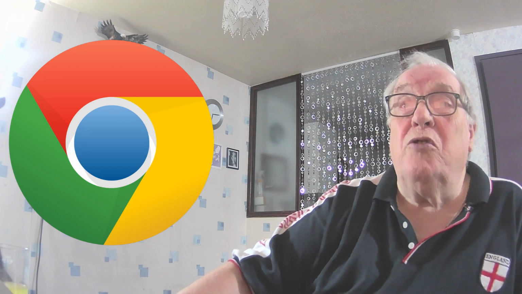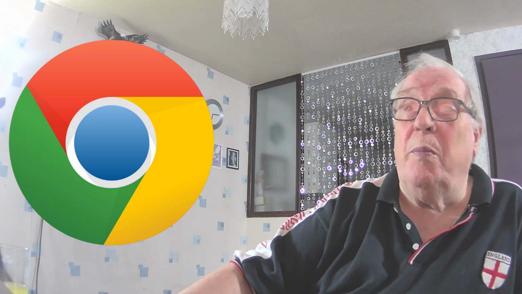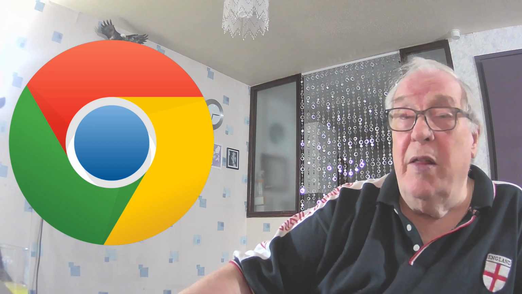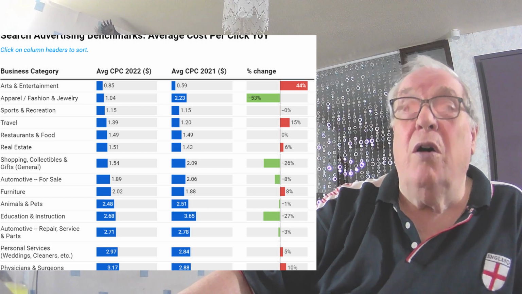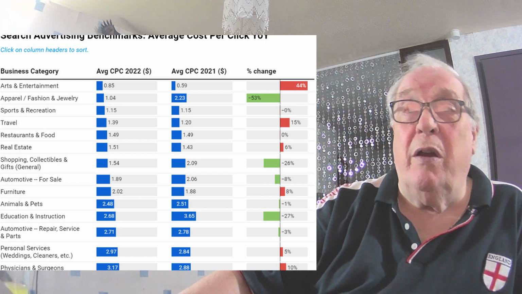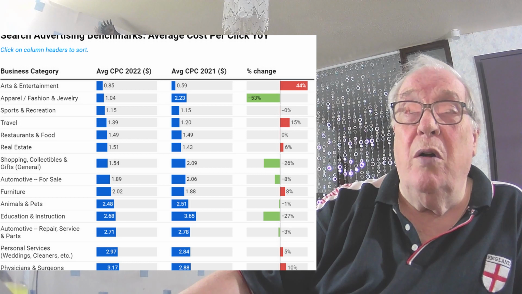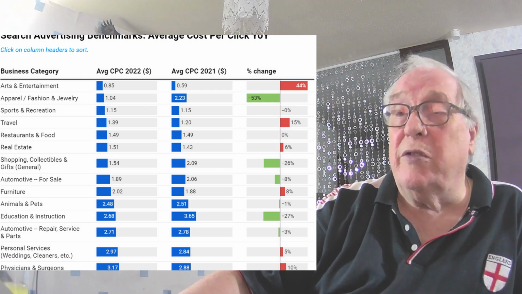The average cost per click in Google Ads in 2022 is $2.96. Industries with the lowest average cost per click, closest to $1, include arts and entertainment, apparel, fashion, jewelry, and sports recreation. These industries have consistently low CPCs because of their high click-through rates, although apparel has been closer to $2 or $3 in years past.